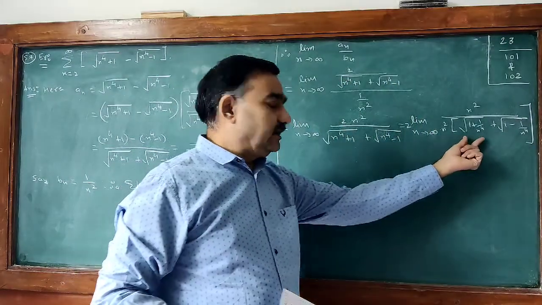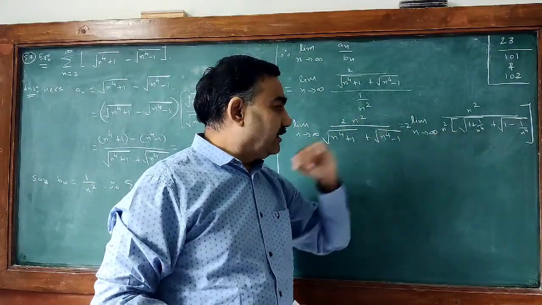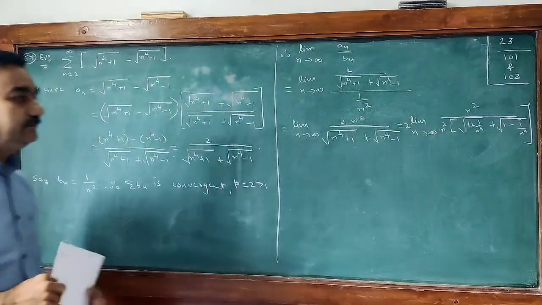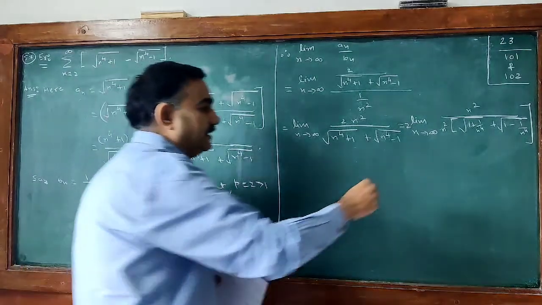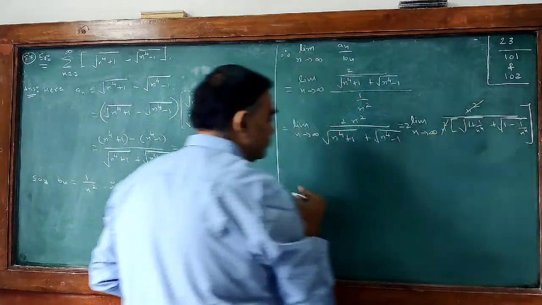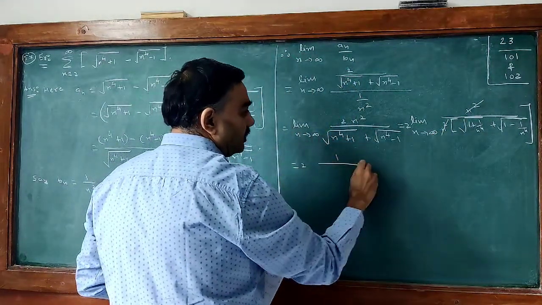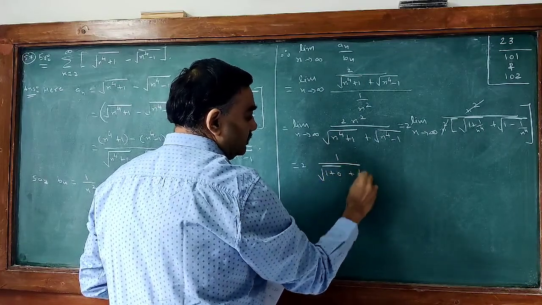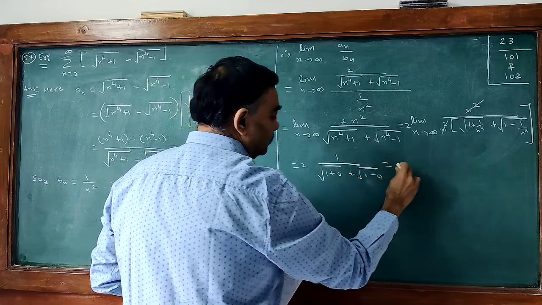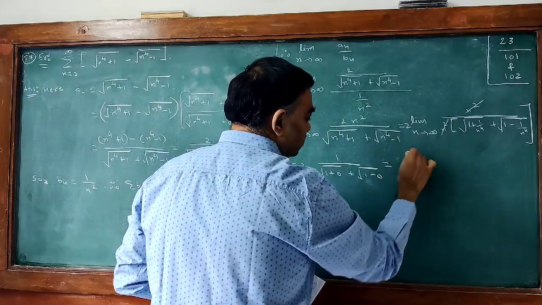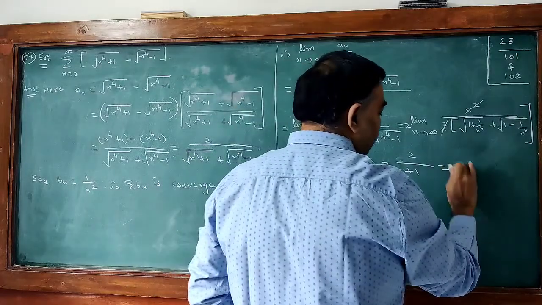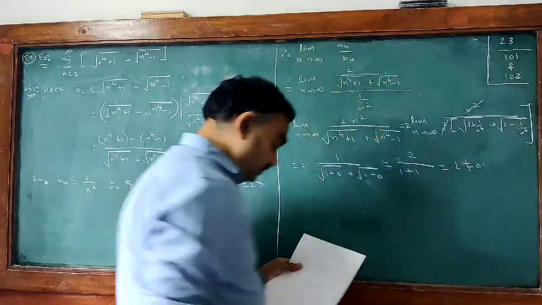Actually we have taken n raised to 4 out of the square root, but outside only n square will come because it is a square root. So n square will be cancelled and therefore this is equal to 2 upon square root of 1 plus 0 plus square root of 1 minus 0. So it is 2 upon 1 plus 1. So the answer is 1, which is not equal to 0.